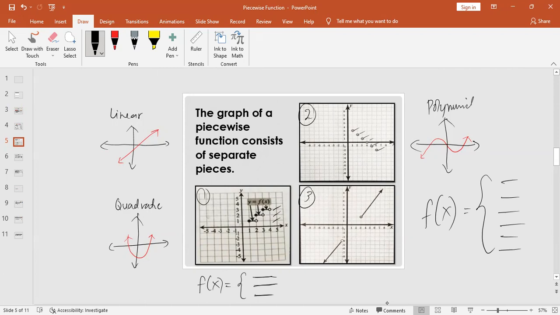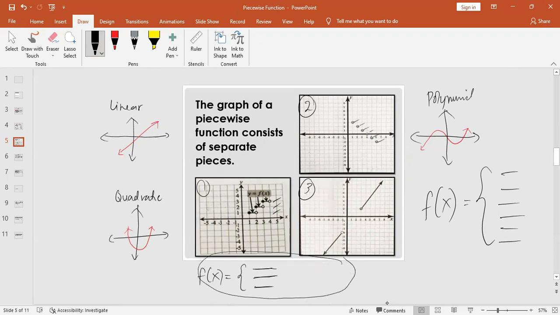But in this topic, we will not give focus on the graphs of piecewise function anymore. Our focus in this discussion is just to construct or create piecewise function. Ganito lang mismo yung focus natin. Gagawa lang tayo nito.